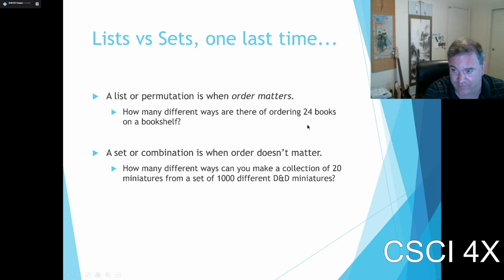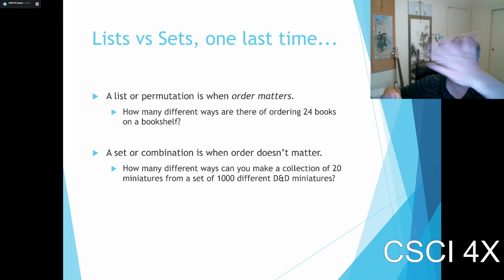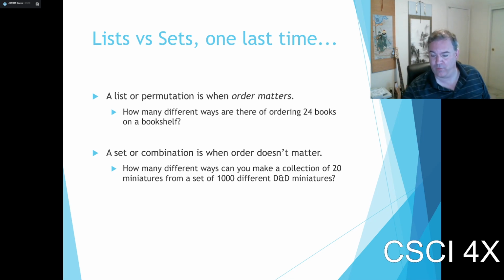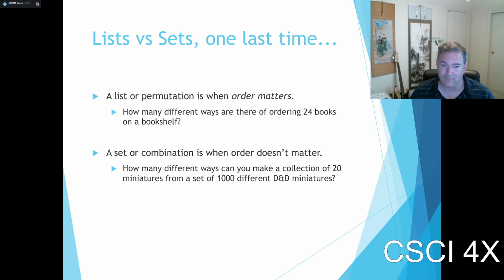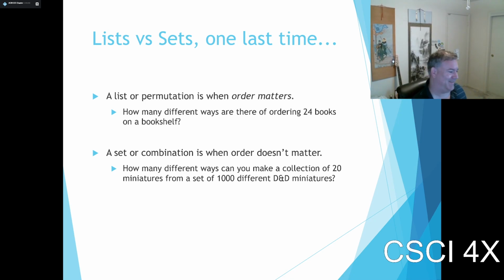Whereas, how many different ways are there of ordering 24 books on a bookshelf? Assuming you're not alphabetizing it. You just put them up there. What do you think? How many different ways are there of ordering 24 books on a bookshelf? By color? By size?